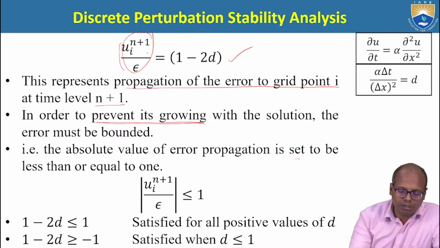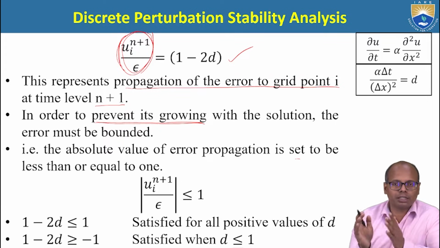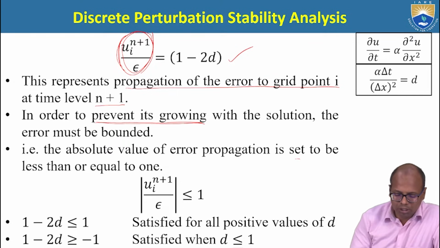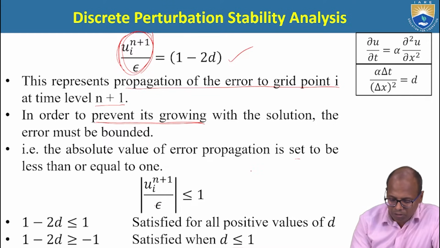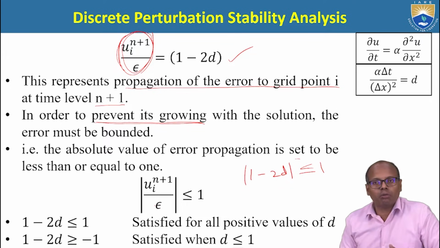So I am applying that the modulus of this value should be less than or equal to 1. If I apply this modulus, what is this equation? This is nothing but the modulus of 1 minus 2d being less than or equal to 1.